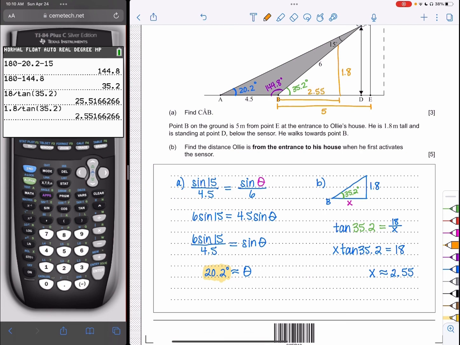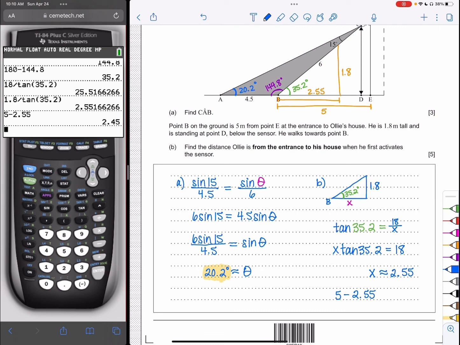So if I want to figure out how far he actually is from the entrance of his house, I would just finalize and say that I'm taking 5 subtract how far he is from B, and that will end up giving me 2.45. So that is how far he is from the house, right? And we know that we are talking about meters here. So our answer is 2.45.